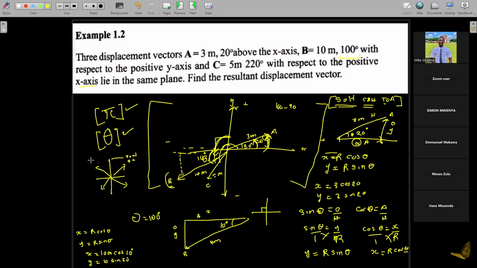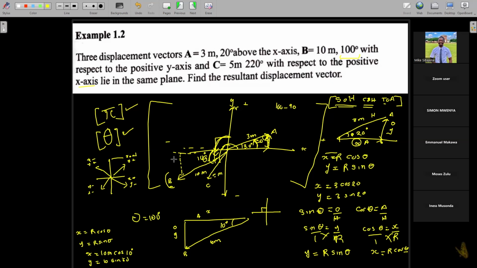In the second quadrant, x is negative, y is positive. In the third quadrant, y is negative and x is negative. In the last quadrant, x is positive, y is negative. So yes, it is in the third quadrant, so x and y should be negative. So yes, the values are correct.